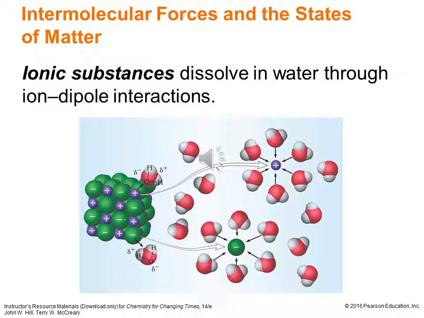Here we see an image of a salt crystal over at the left, the cubic sodium chloride crystal represented by the plus and minus ions, being surrounded by water molecules representing the dissolution process, whereby the water molecules orient their partial negative, the oxygen end, the red end, toward the plus, as we see at the top right, and the water molecules showing their partial positive, the hydrogen ends, surrounding the negative ions, green minus signs, as you see at the middle bottom.